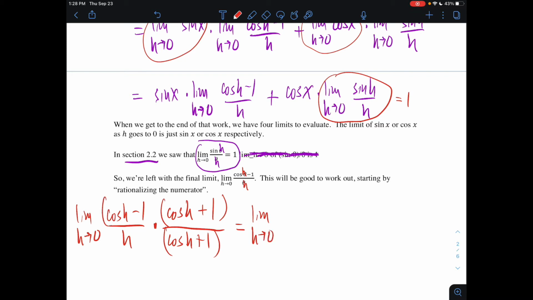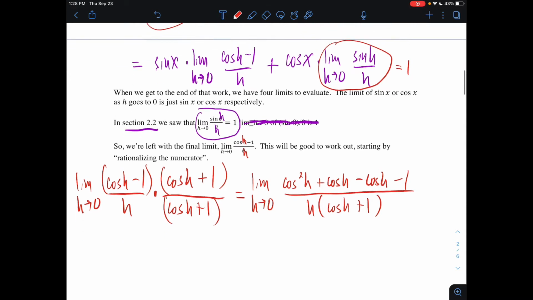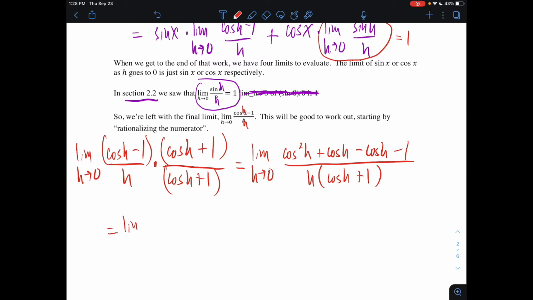So in the numerator, I have cosine h times itself, so cosine squared h, then plus cosine h, then minus cosine h, and then minus 1, all divided by h times cosine h plus 1. I can combine like terms in the numerator. Limit as h approaches 0 of cosine squared h minus 1 divided by h times cosine h plus 1. And then I have a Pythagorean identity in the numerator.